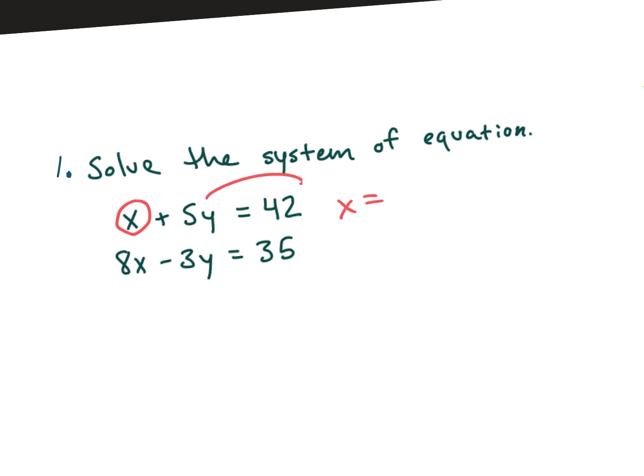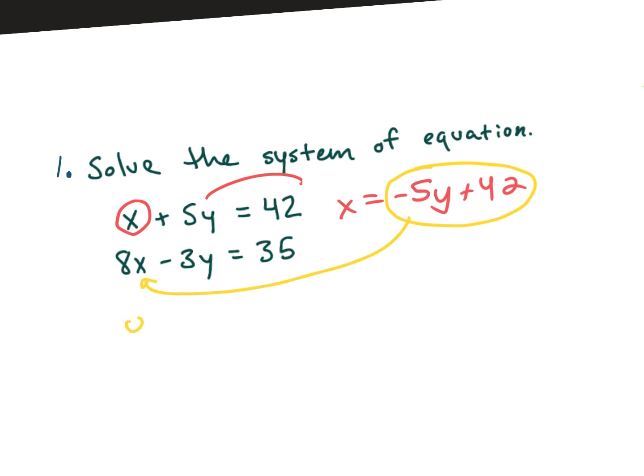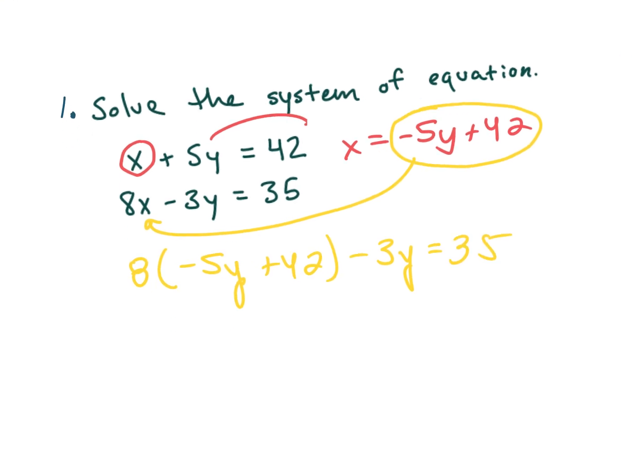When I move 5 over, this becomes negative 5y plus 42, right? And then you would take this and plug it in where? To the second equation. So you'd have 8 times negative 5y plus 42 minus 3y equals 35. Now what?